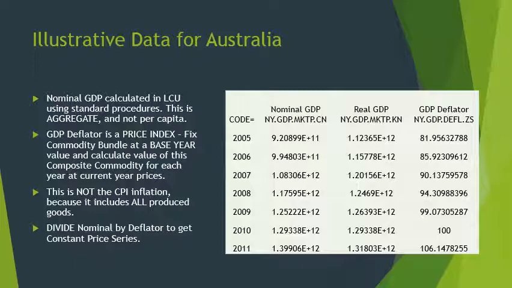Now, once I have the nominal GDP, which is the GDP in current prices, and then I have the rate of price increase, then if I divide the nominal GDP by the GDP deflator, I get what is called the real GDP. It is also called the GDP in constant prices. This time the change in prices has been eliminated by this process of dividing by the price index. So these are the three series that we need in order to calculate the quantity theory of money.